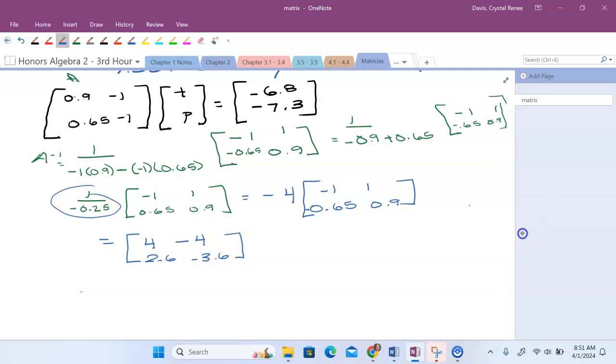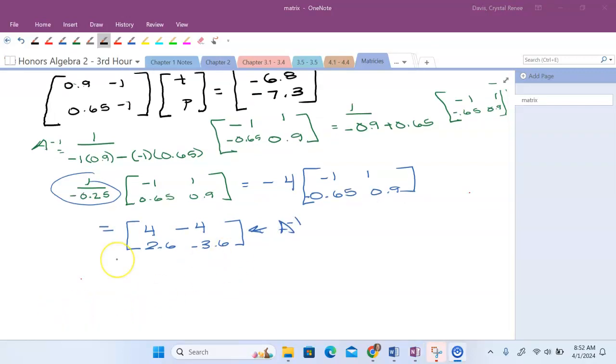Okay, so this then is the inverse matrix of A. Okay, so now I'm going to take this matrix and I'm going to multiply it on both sides of the equation.